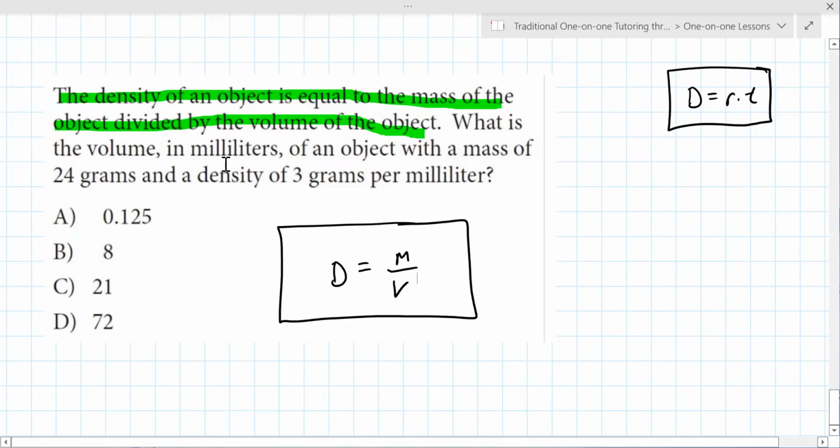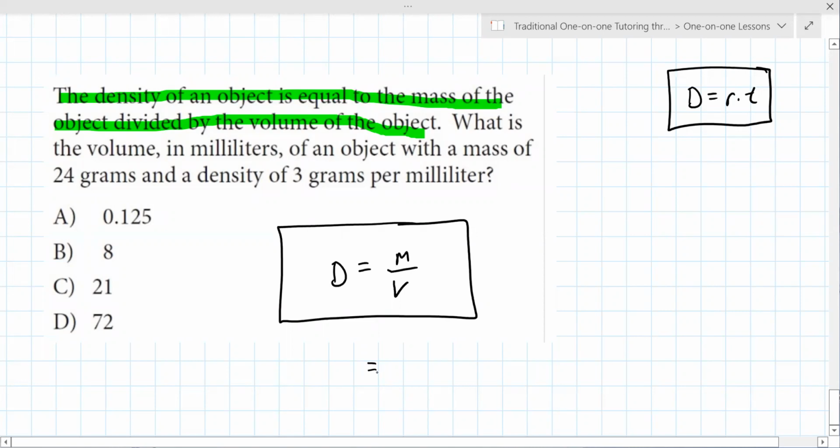It says, what is the volume in milliliters of an object with a mass of 24 grams and a density of 3 grams per milliliter? They're giving you two of the three. They always have to give you everything but one. Which two are they giving you in this? They give you M and D. Okay, so what's the value of D?